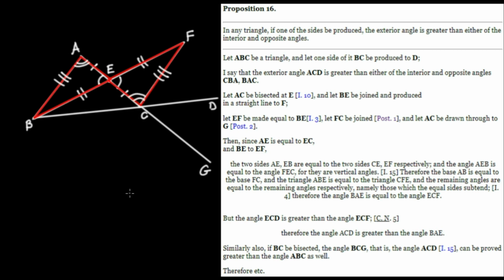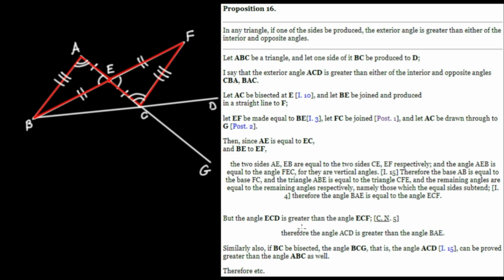BAE is equal to the angle ECF. And we note here that the angle ECD, that's ECD right here, is greater than the angle ECF. Why is that? By common notion 5, the whole is greater than the part, and ECF is clearly a part of ECD, so ECD must be greater.